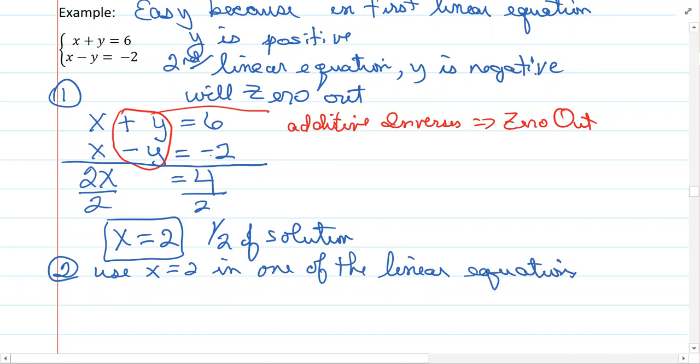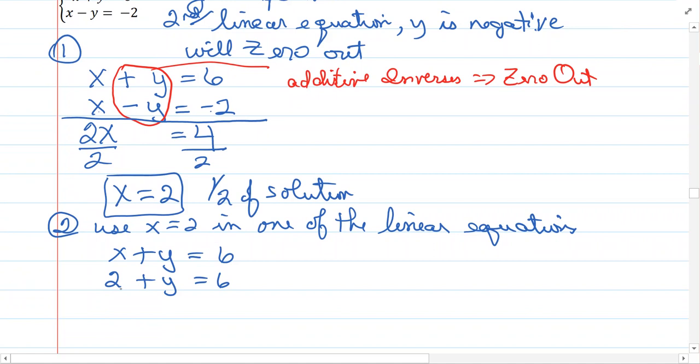So I have x plus y equals 6. I'm going to put 2 for x, so 2 plus y equals 6. Therefore, if I subtract the 2, I have y equals 4.